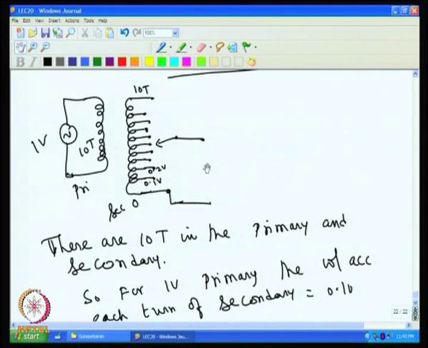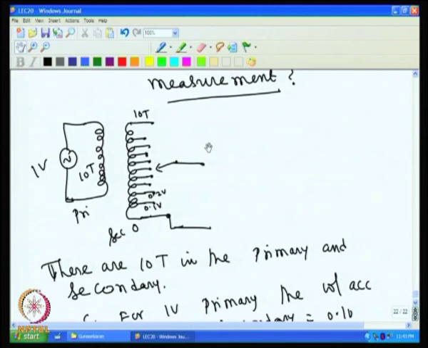Now, to make it more accurate, what is done is you add one more 10 here. Normally what is done is you wind just one tenth, so the voltage across this also will be 0.1 volt. Now, this can be taken and then connected to this.